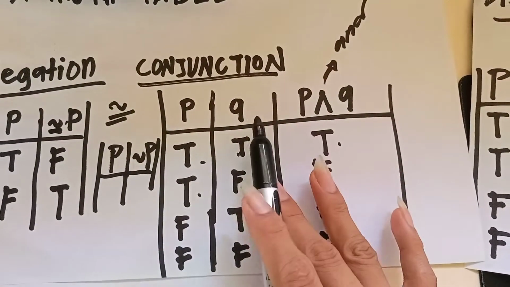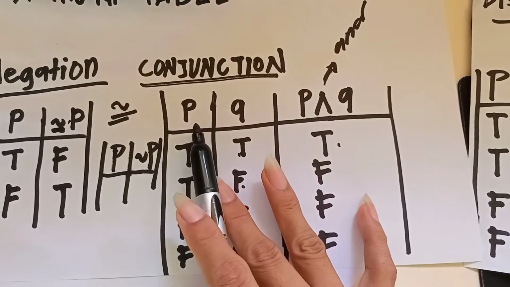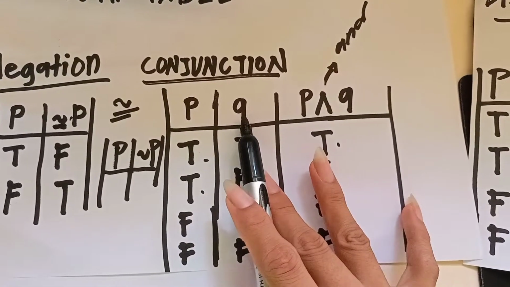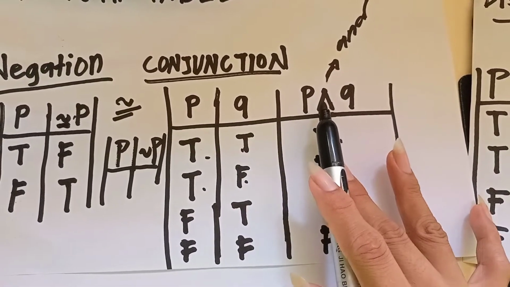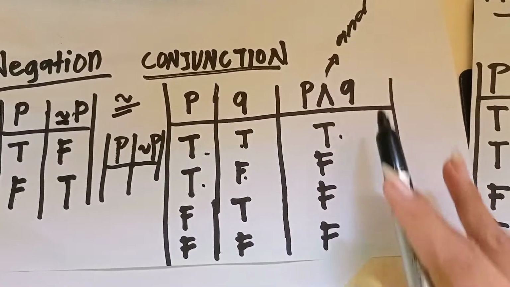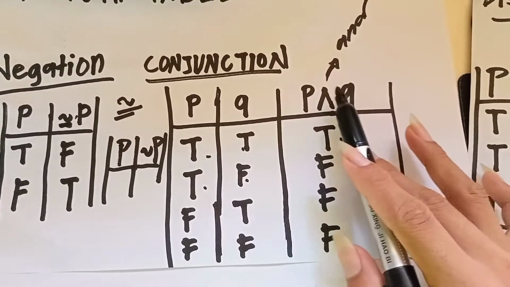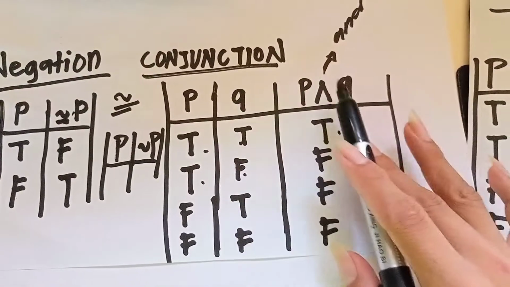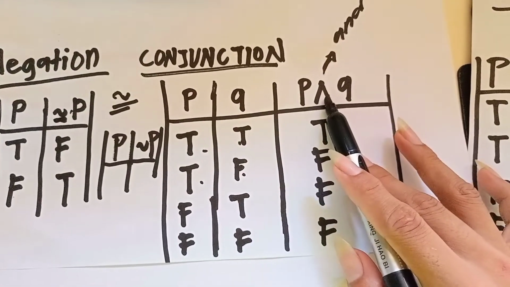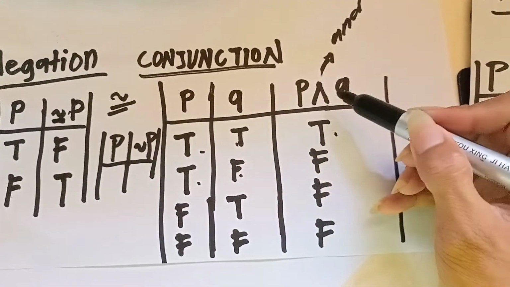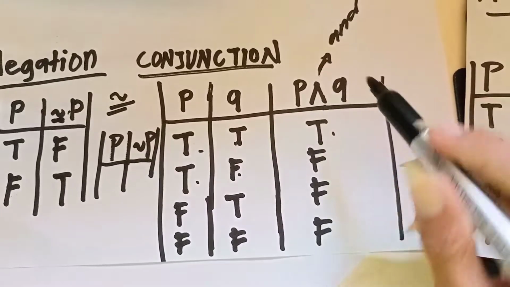In conjunction, we have the statement P and Q. Then here is the whole statement. In the whole statement of a conjunction, we have the connective and. The way to read this is and.